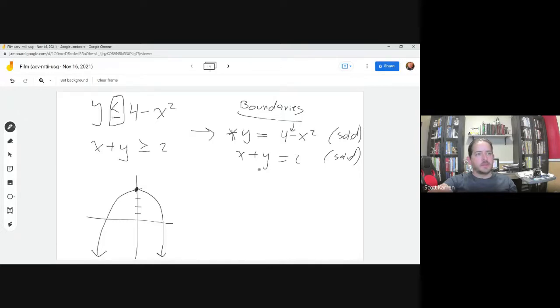This other one, if I subtract x, it's easy to see that I have y equals negative x plus 2, a straight line with a slope of negative 1 and a y-intercept of 2. And so I have a line that does something to this effect, right?